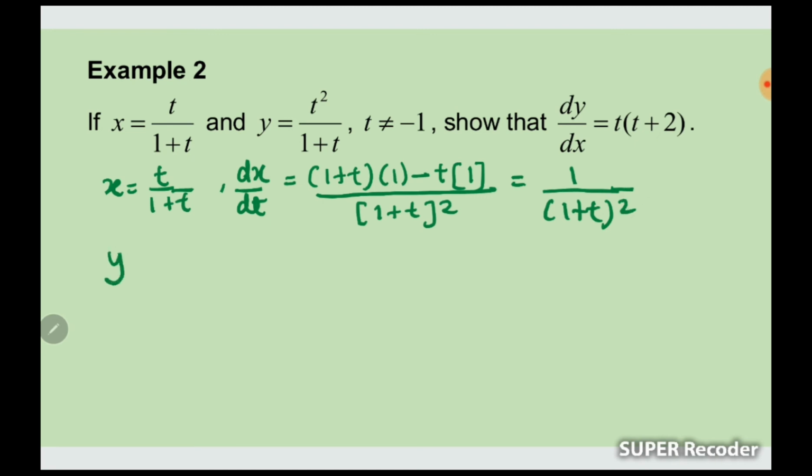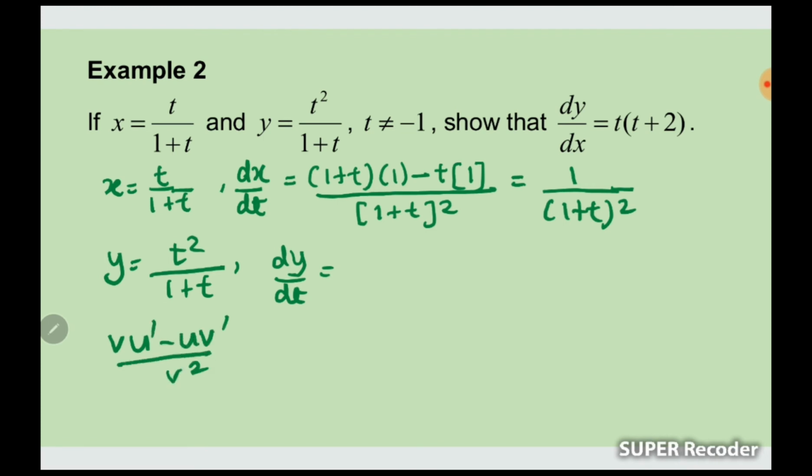Now, what is y in terms of t? y is given as t squared over 1 plus t. Therefore, dy/dt is equal to, remember the quotient rule formula is given as v u prime minus u v prime over v squared. So v is 1 plus t. u prime, differentiate t squared, the answer is 2t, minus u, which is t squared, and v prime, 1.